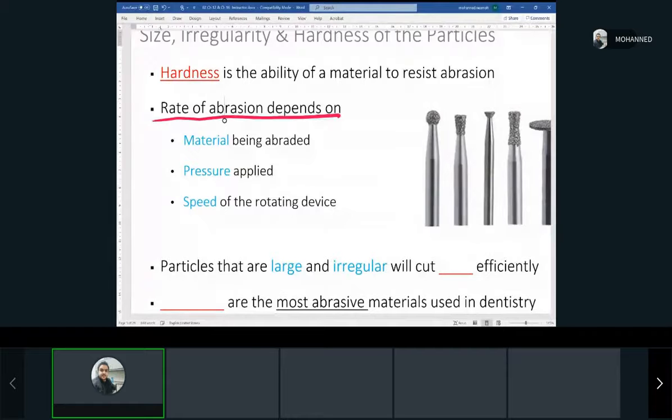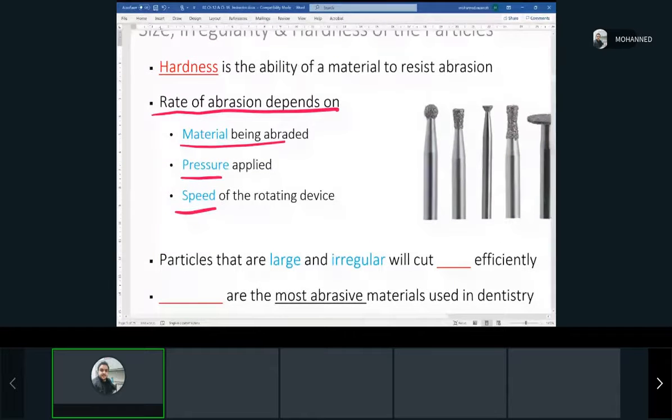We said the pressure, we said the speed. We also have to take into consideration the material that is being abraded, not only the materials we use to do the abrasion, for example the prophy paste, but also, are we polishing the tooth, composite, or amalgam?